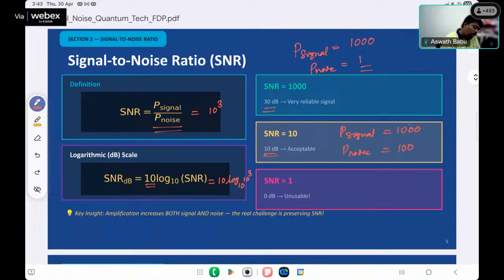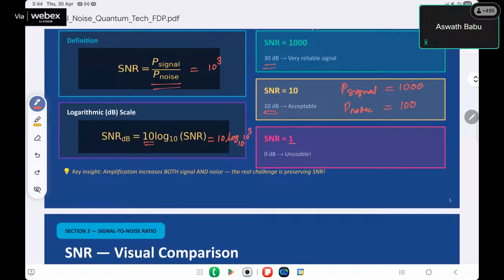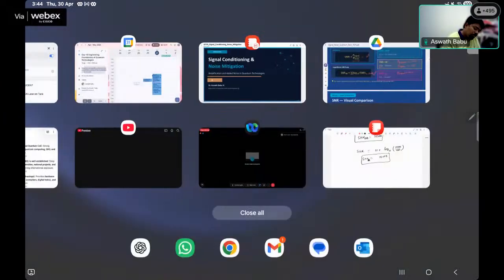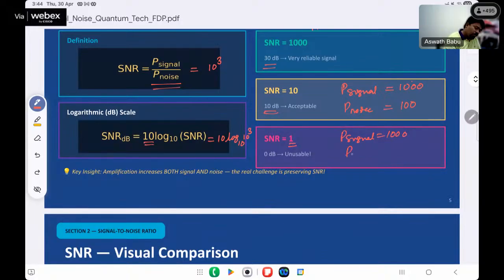Now, let's say the signal and the noise are both equal in power. In that case, what happens? The ratio becomes 1. The signal is 1000, and the noise is 1000.